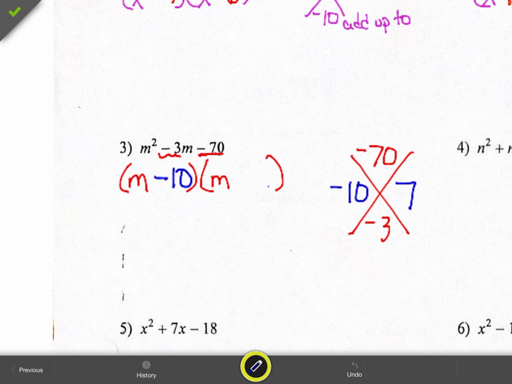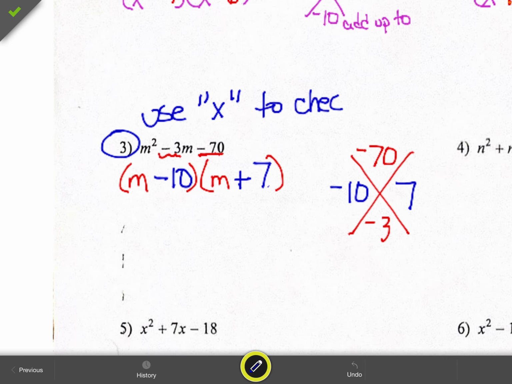Positive 7, I'm going to write as plus 7. And then you would jump over and check it in Desmos. Just make sure when you check it in Desmos, use X, not M. So maybe make a note for yourself to check in Desmos, because it won't graph if you don't use X. So just make a minor note to yourself.